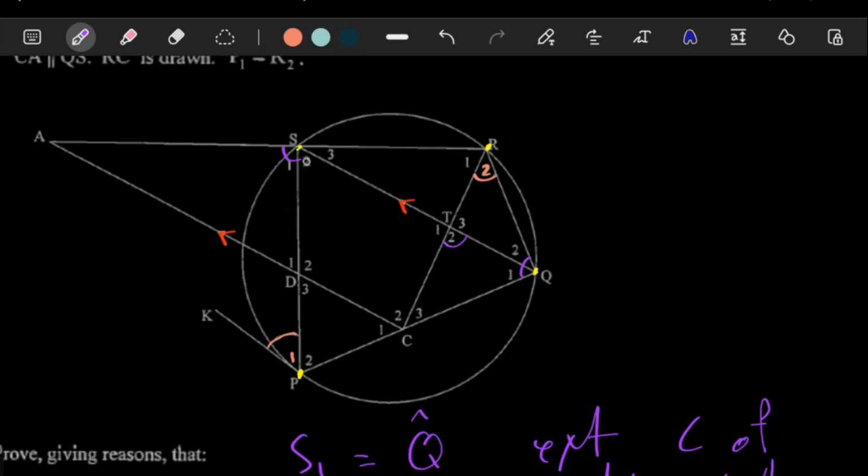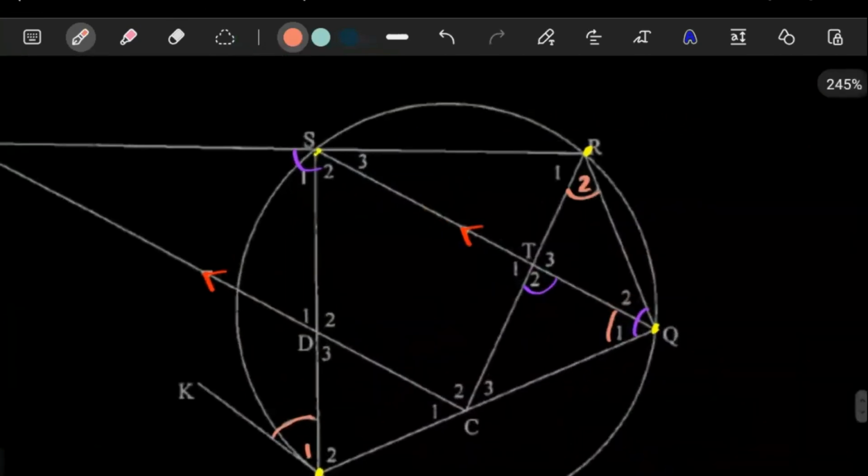Well, we have parallel lines here, so let's see what we can do. This is equal to that, and it is equal to that. This angle here, we said it is equal to that part, and it is also equal to that part. So that's kind of interesting.